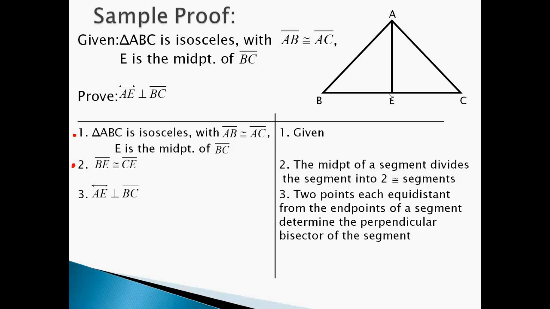Real wordy, I know. But basically what you need to know is, okay, I've got these 2 points here. If I can prove that they're equidistant from this point and that they're equidistant from this point, then I can say that this segment and this segment form a perpendicular bisector because of theorem 24, yes, theorem 24.